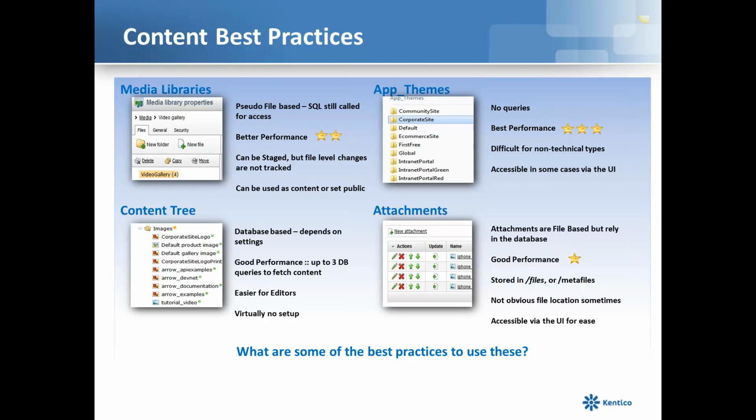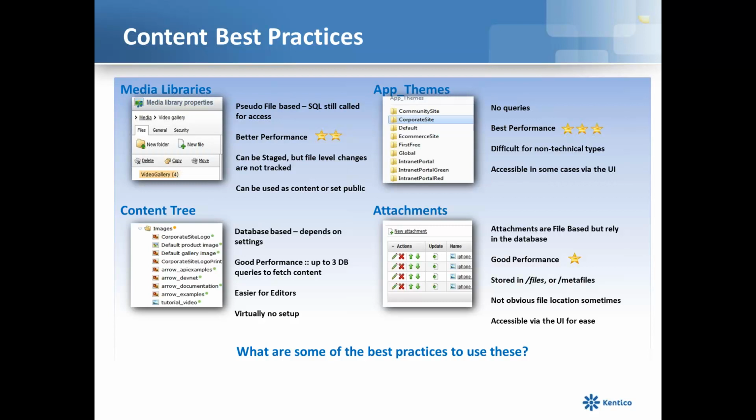Now, as far as attachments go, attachments are file-based, but they rely on the database. They have pretty good performance, but the files themselves are stored in a directory. If you create a website called corporate site, there's going to be a folder called corporate site, and inside of that folder is a /files folder, or sometimes a /metafiles folder.